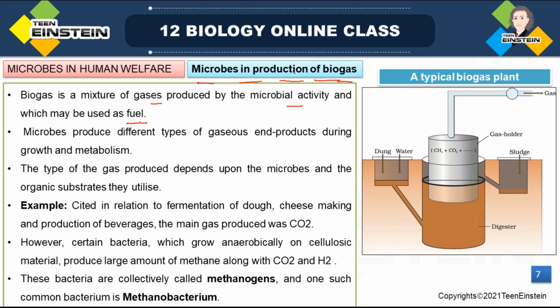So different types of gases are getting produced due to these microbial activities. During growth and metabolism, microbes are producing different types of gases, which are the end products of the growth and metabolism of so many microbes. Okay, so the type of gas which is produced depends upon the microbe and the substrate they are utilizing.